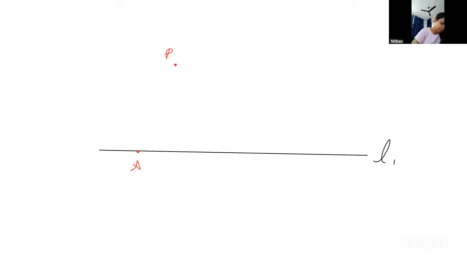Join them. Now taking A as center, draw an angle. Put your compass on point A and draw angle 1 like this.